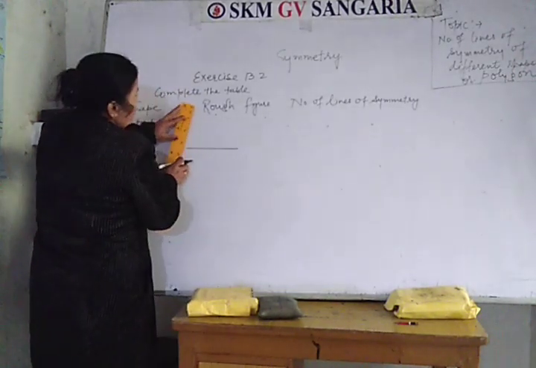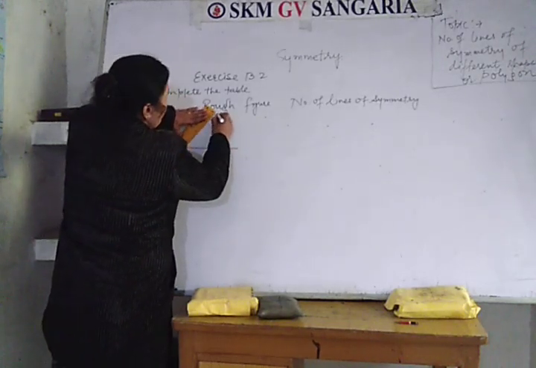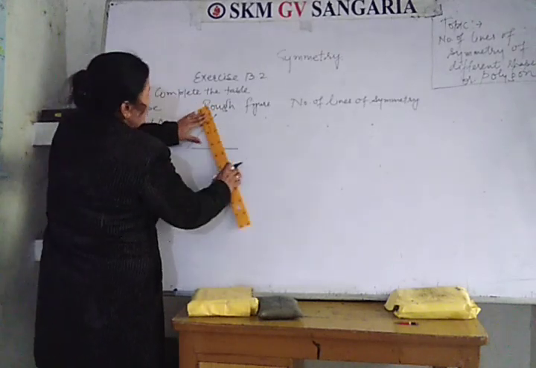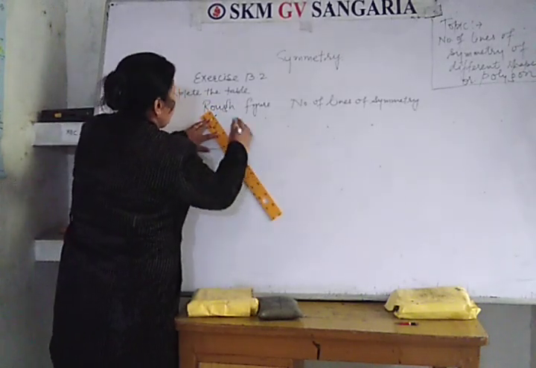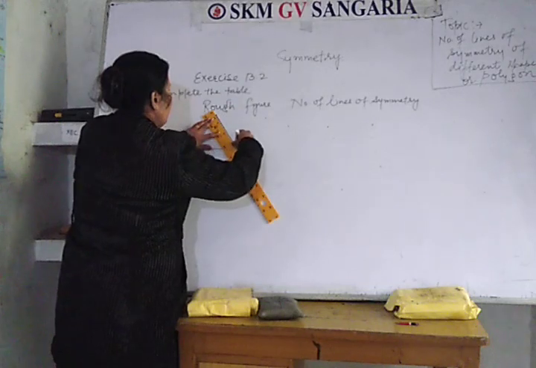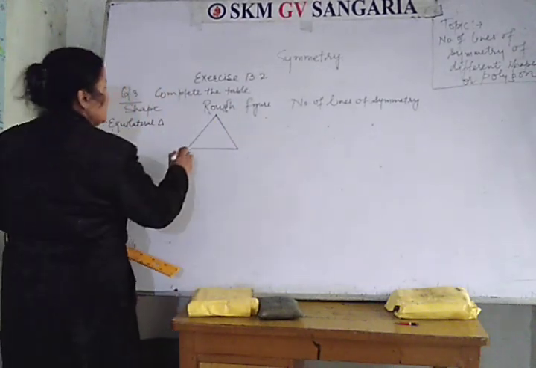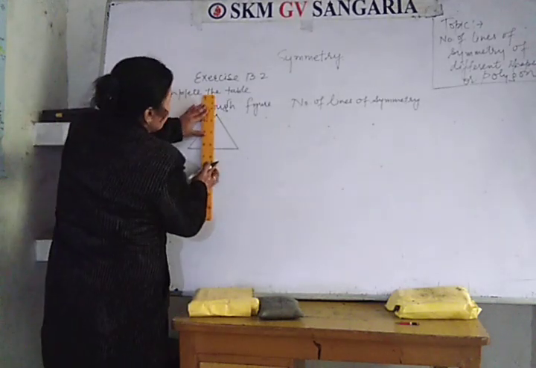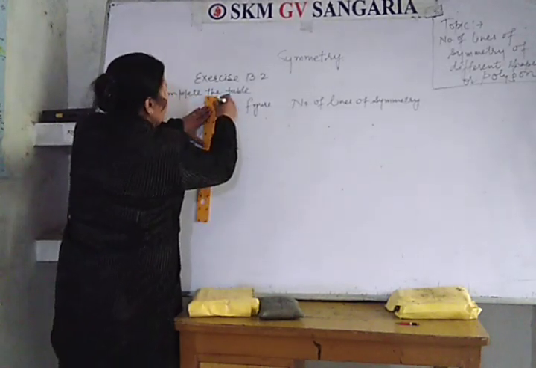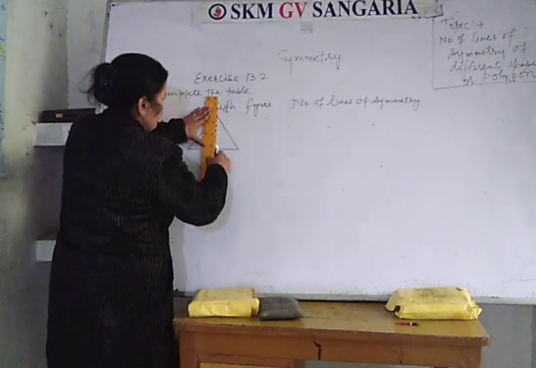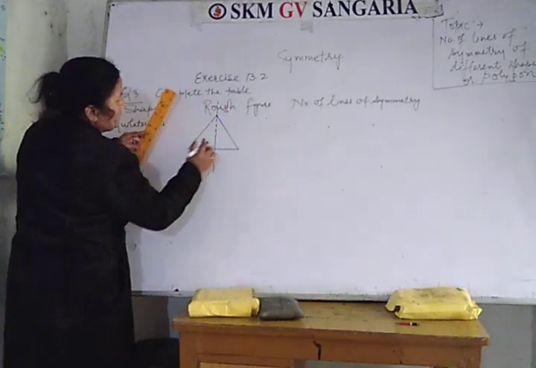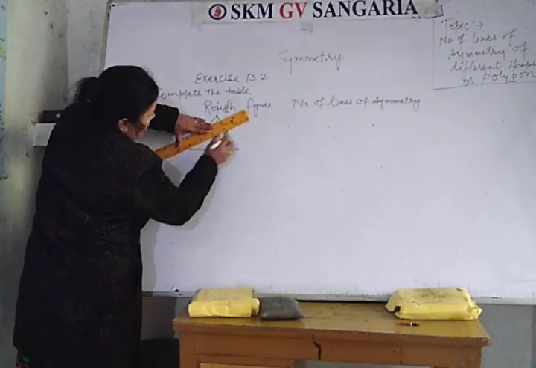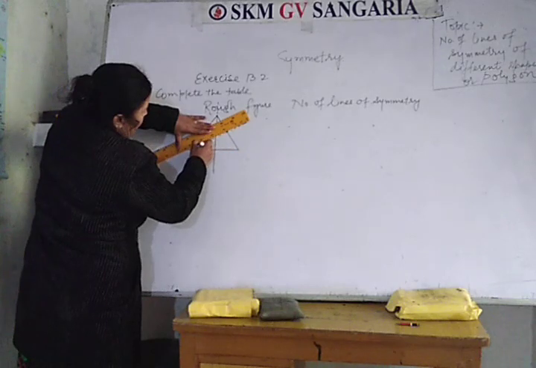So we are going to draw first of all an equilateral triangle in which all the three sides are of equal length. Then first of all, this is one line of symmetry, another, second line of symmetry.